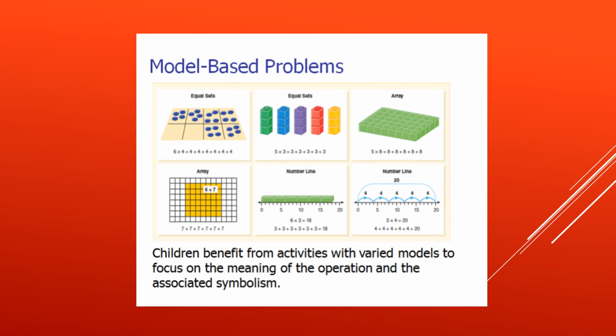If you look at the number line to the right, down below in the bottom right square, it's how many 4s, 4 times what equals 20. So it's how many jumps did we do of 4, and it's 5 jumps. So these kinds of things help children understand the concept behind addition, subtraction, multiplication, and division. So they're not just performing an algorithm, but they're actually understanding the meaning behind those.